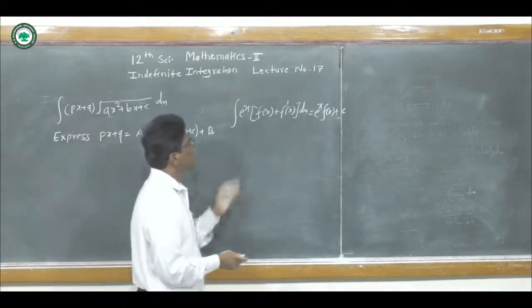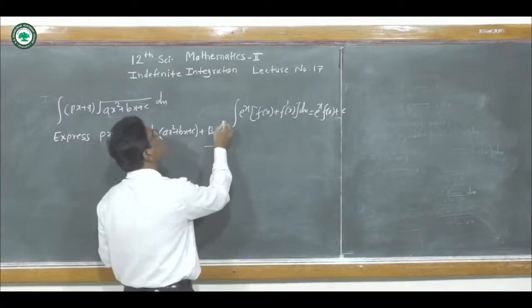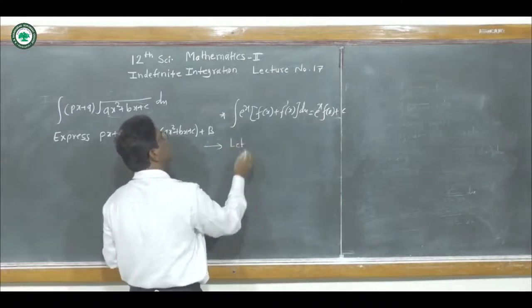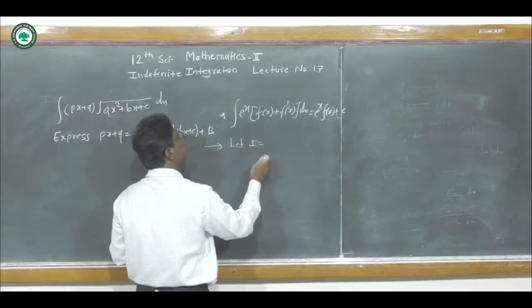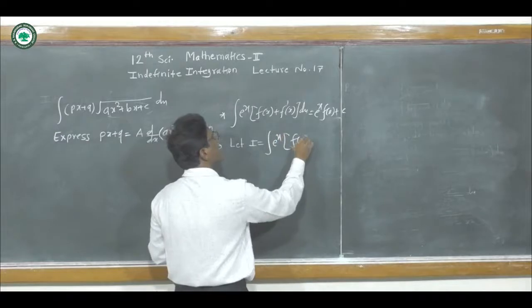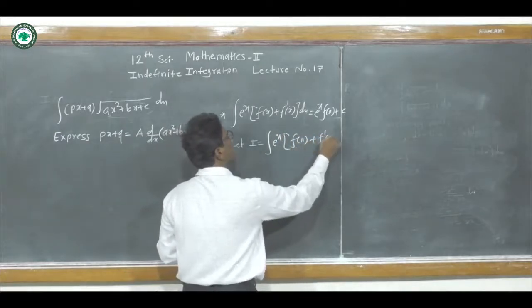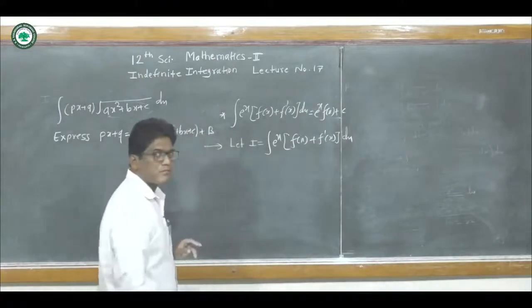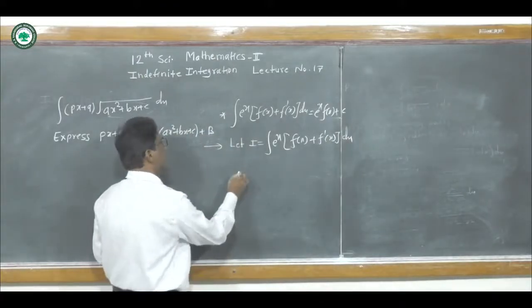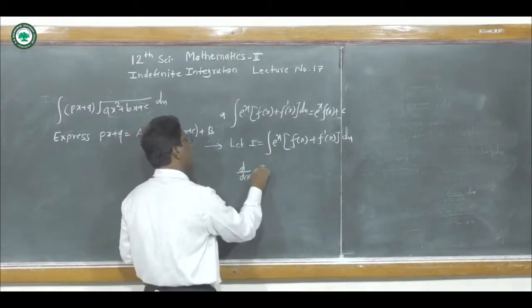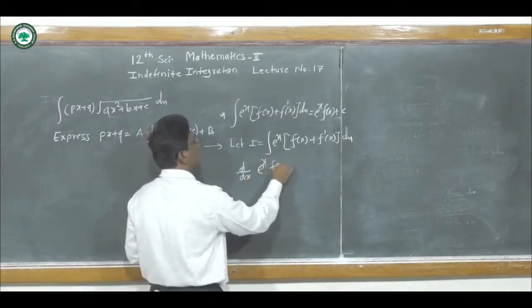We prove this. So proof of this, let I is equal to integration of e to the power x in the bracket f of x plus f dash of x dx. Now let us take the derivative d by dx of e to the power x into f of x.